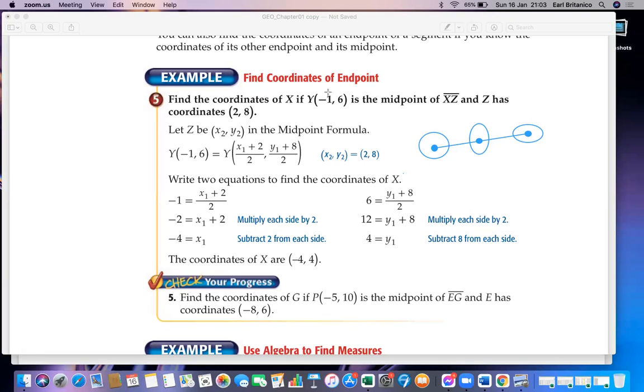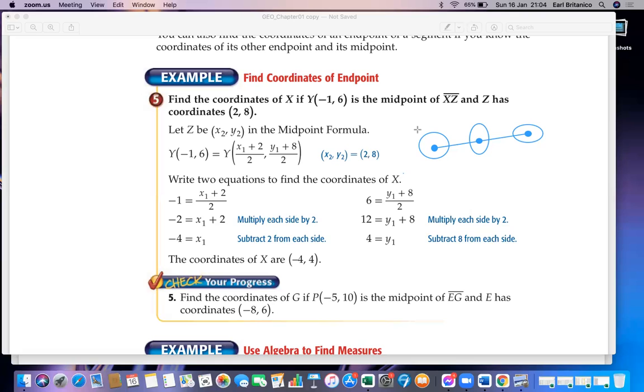So y is the midpoint, this negative 1, 6 is the midpoint, and z is an endpoint, 2, 8. You're looking for the coordinates of x, your first point.